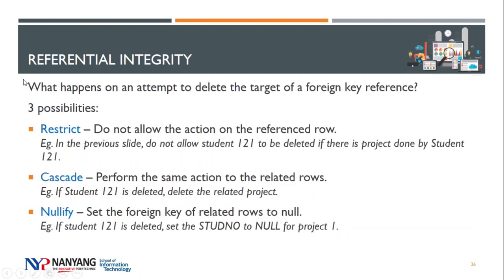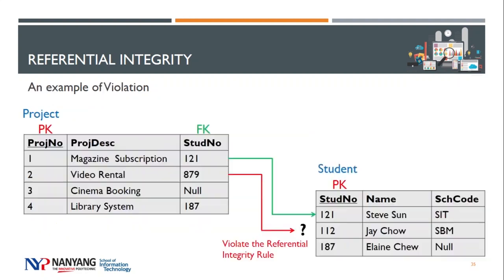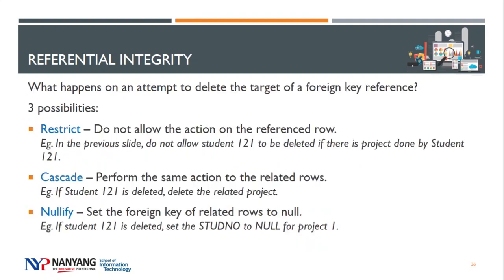So what happens on an attempt to delete the target of a foreign key reference? Referring to the previous slide, what happens if the user attempts to delete student number 121, which was referenced by project number 1? We can have a few possibilities.